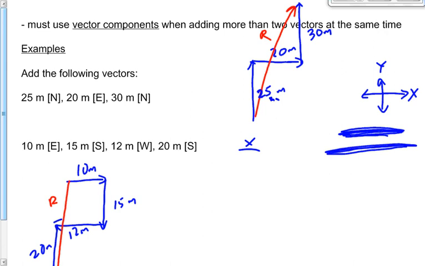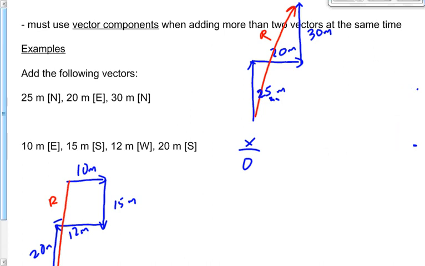Zero, none. How much of the 20 meters, the next vector, is on the x-axis? 20. How much of this one is on the x-axis? 0, because it's all y, right? Let's add them up.